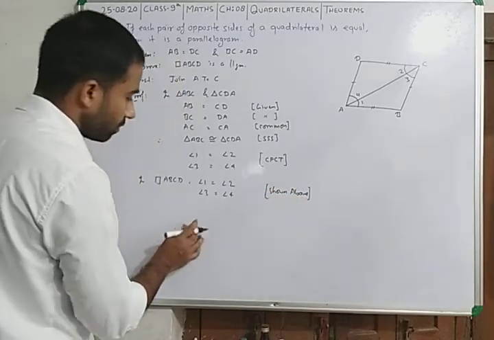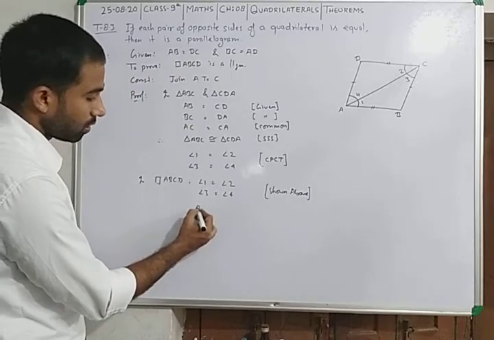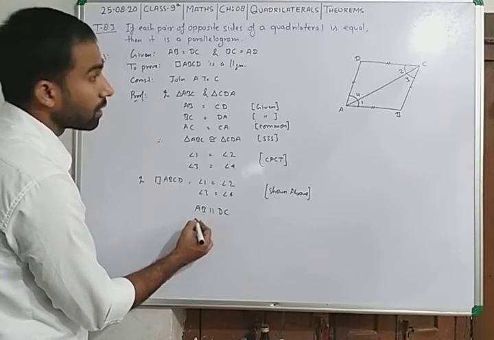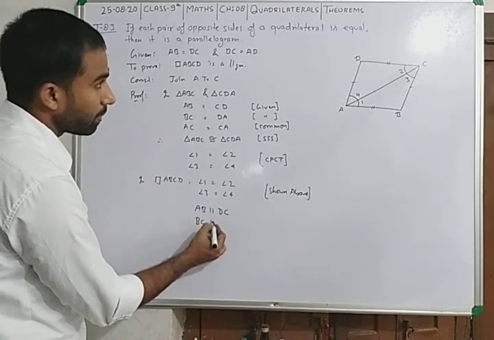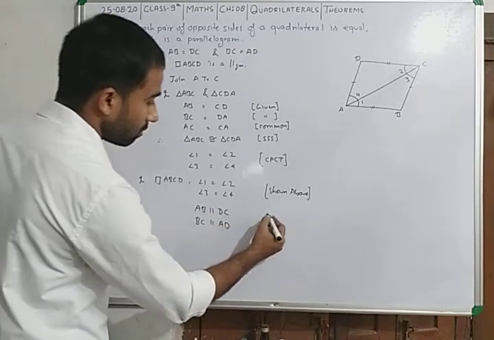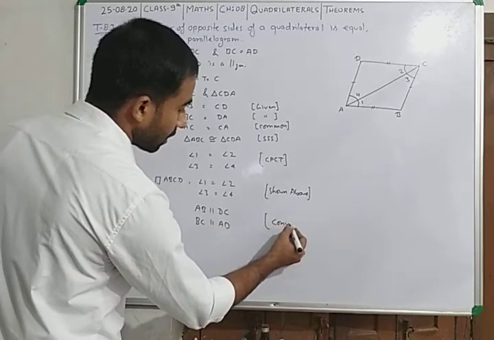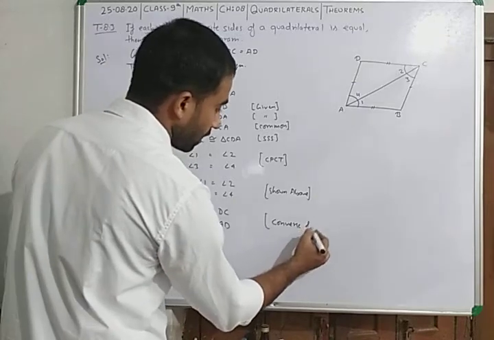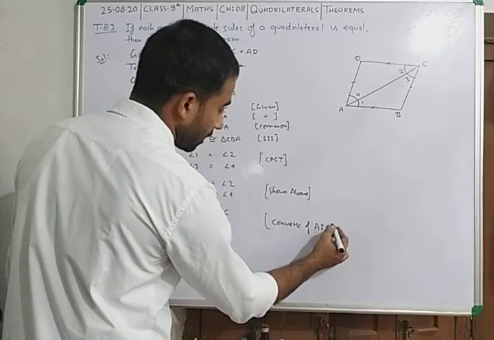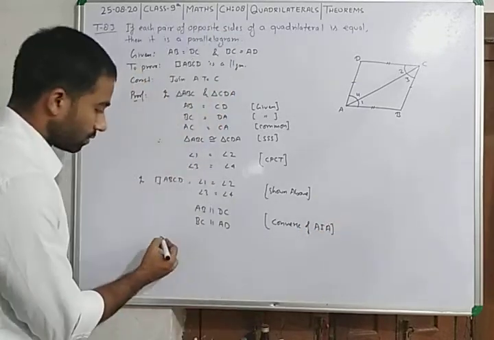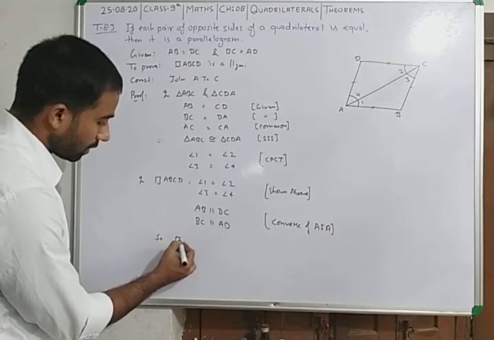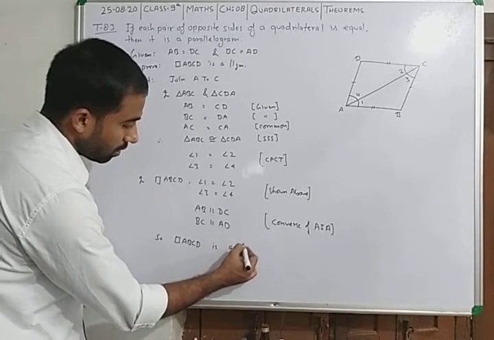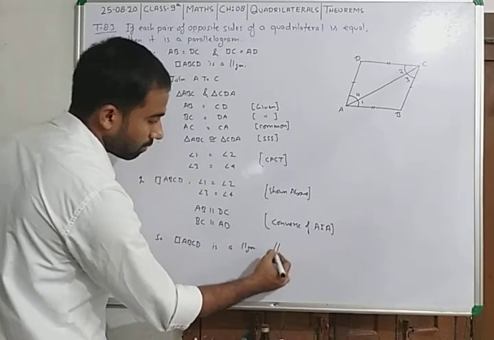So therefore AB is parallel to DC and BC is parallel to AD by converse of alternate interior angle. Okay, so quadrilateral ABCD is a parallelogram, proved.